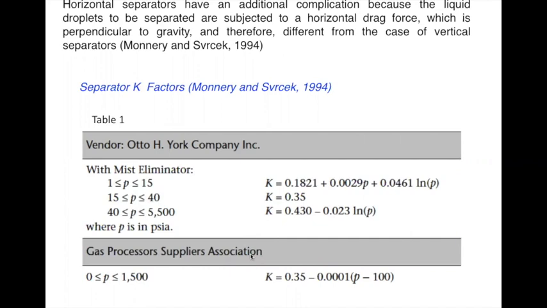And there is one more association called Gas Processor Supplier Association, which has given the value of K, which is equal to 0.35 minus 0.0001 (P minus 100). So this is valid for a large pressure range. So I think this equation can be used more widely, right? So it is given by Gas Processor Supplier Association. So let's move on.